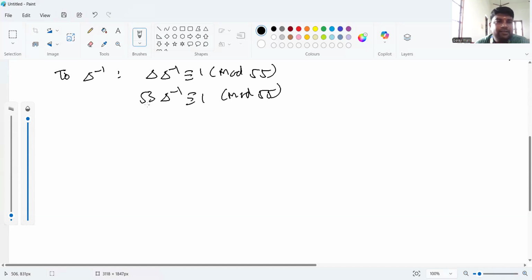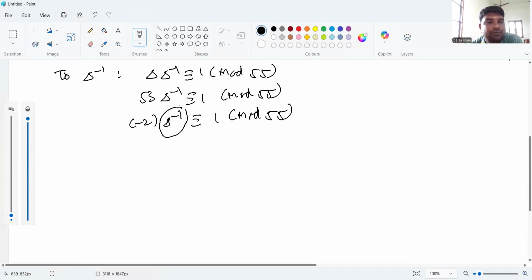The 53 is a big value, so we can convert it to an equivalent negative remainder, minus 2. In our problem it is convenient, so we can reduce to negative remainders also. So 53 is equivalent to minus 2, and del inverse times minus 2 is congruent to 1 mod m.